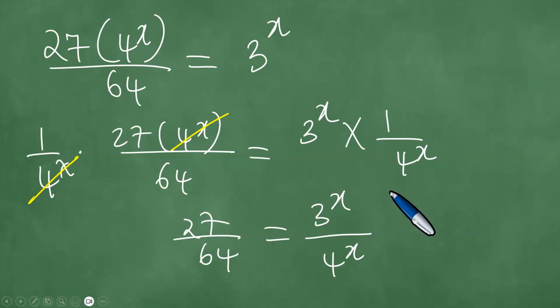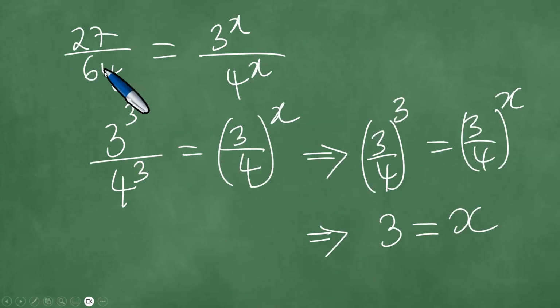And if you divide by 4 to the power x both left and right, you therefore have 3 to the power x divided by 4 to the power x in the denominator, and then you have 27 over 64. 27 over 64, 3 to the power x, 4 to the power x.